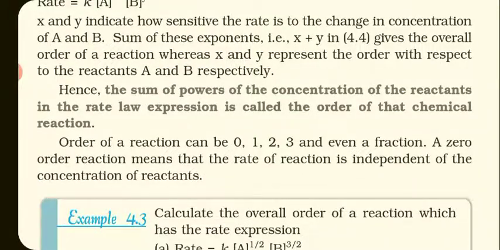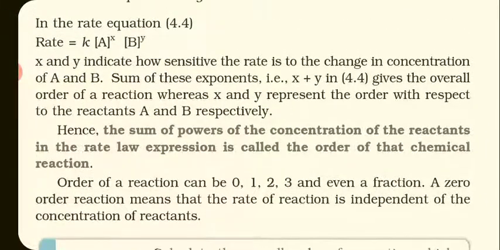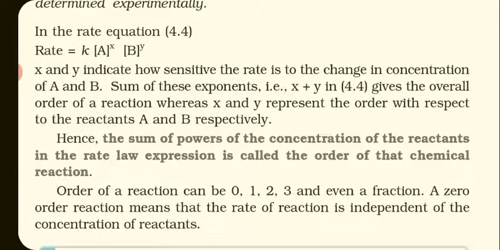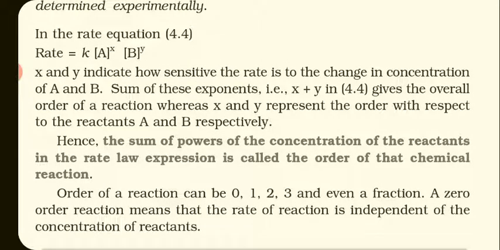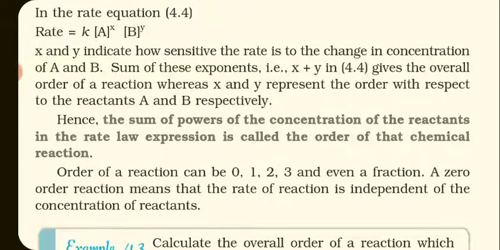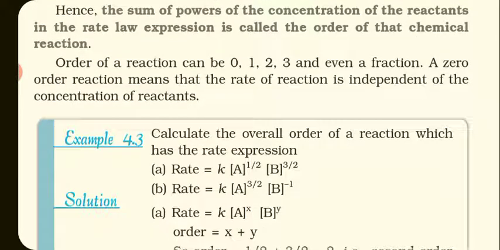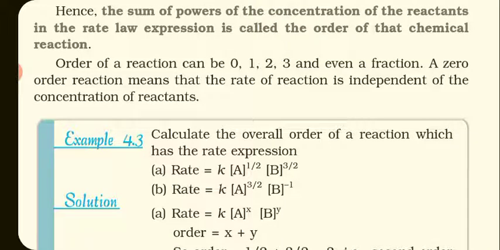So this is important, generally asked in examination. The difference between molecularity of a reaction and order of a reaction is most important and asked in the examination. The sum of powers of the concentration of the reactants in the rate law expression is called the order of that chemical reaction.